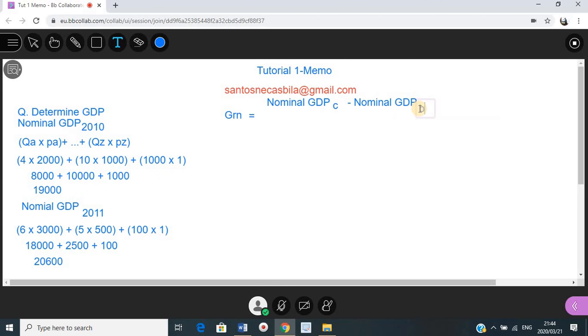The base year here stands for the previous year. This should be divided by the nominal GDP for the base year. The B stands for base year, which is the previous year, and this is going to be equal to, very good, I'm just going to write here the division.